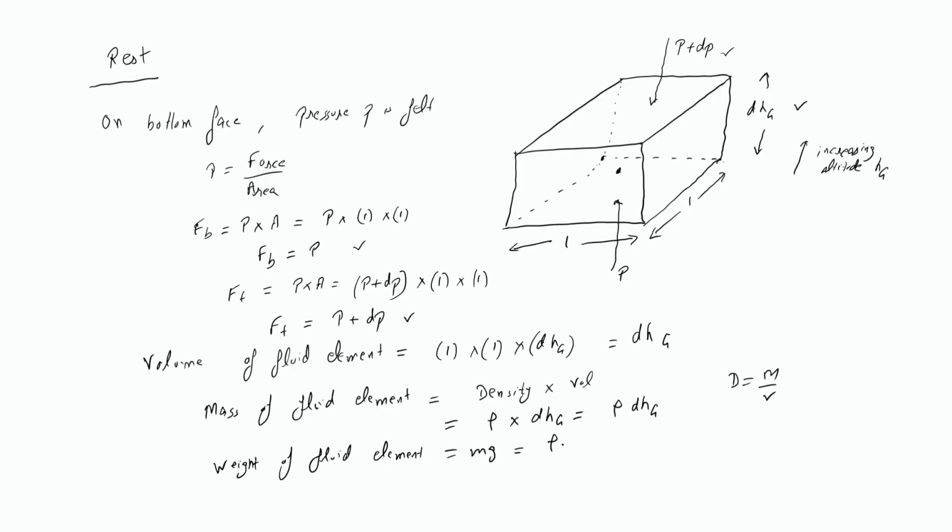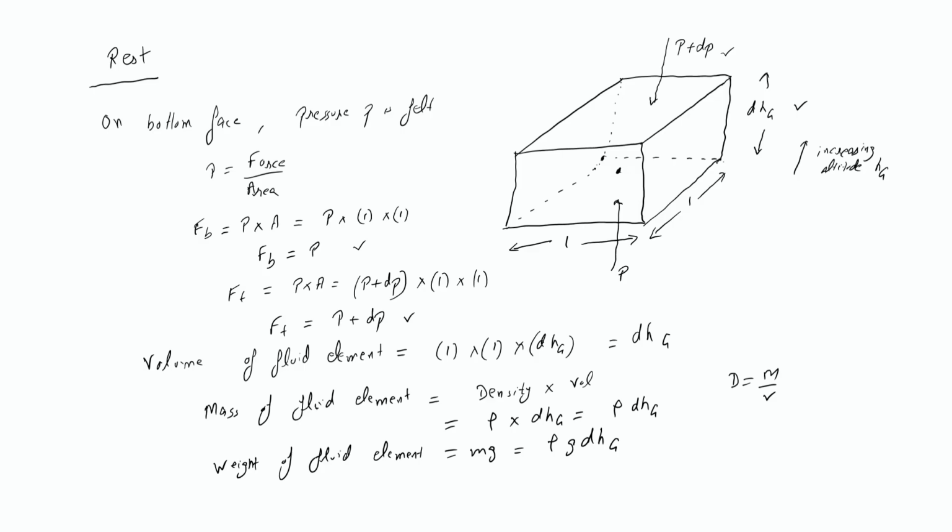So here we have rho g dHg. Alright, so now focus here. This fluid element is actually not moving. Okay, this is actually in balance. So since the fluid element is not moving, the forces which are acting on this fluid element must be balanced. The forces which are acting on this fluid element must be balancing out.